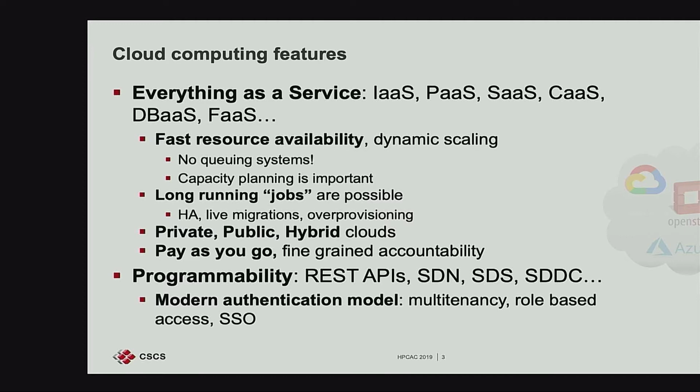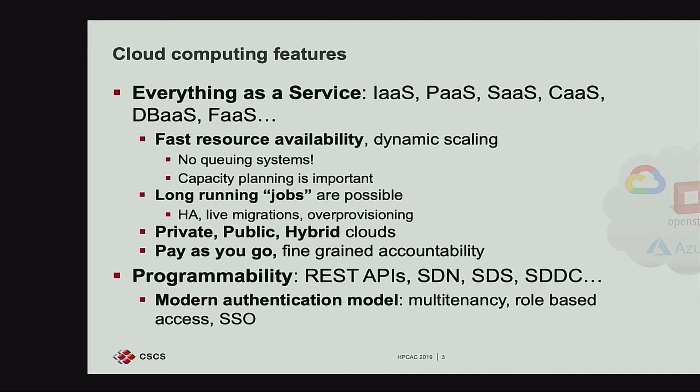So cloud computing comes with the idea that we are providing services to our users, and the community came up with different names to define the different levels of freedom that we are giving to our customers.